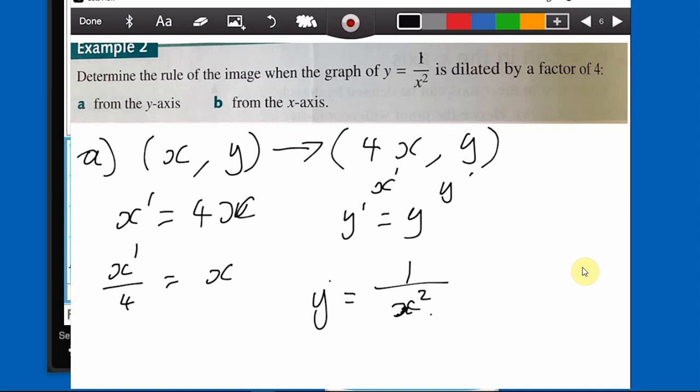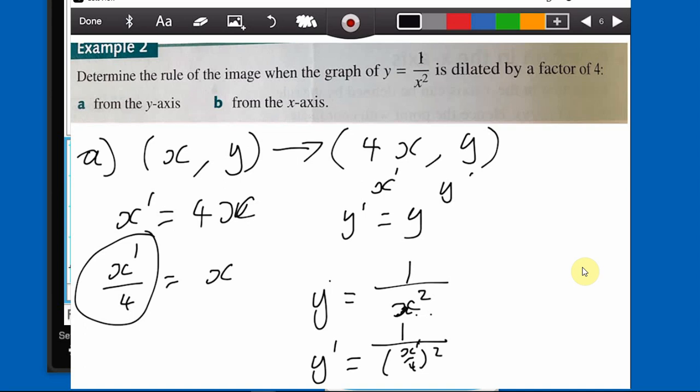So I need to replace these X's and Y's by the expression that has the image in it. For the Y, it's just a straight substitution. But for the X, the old X with the image in it is X dashed on 4. So we've got 1 over X dashed on 4 squared.